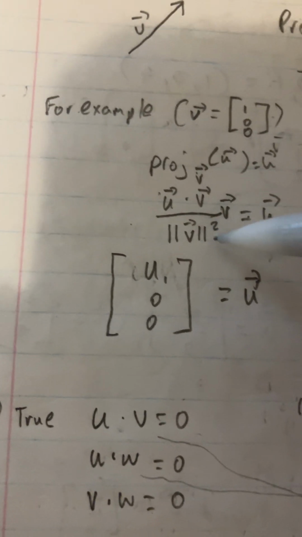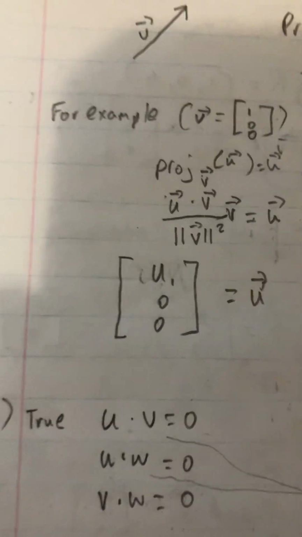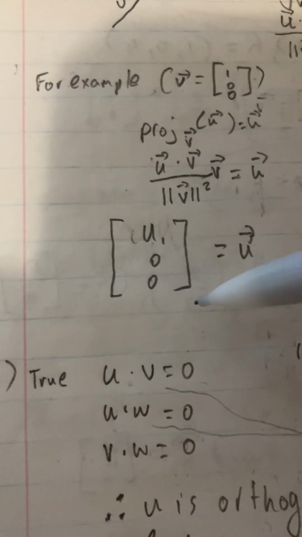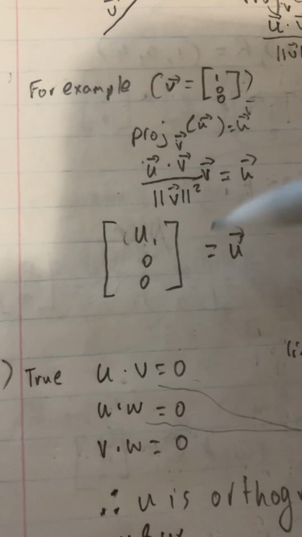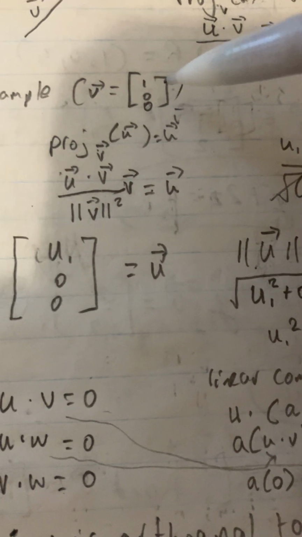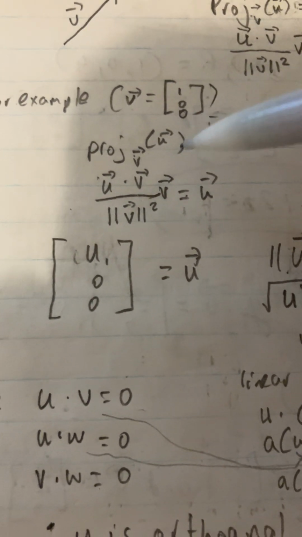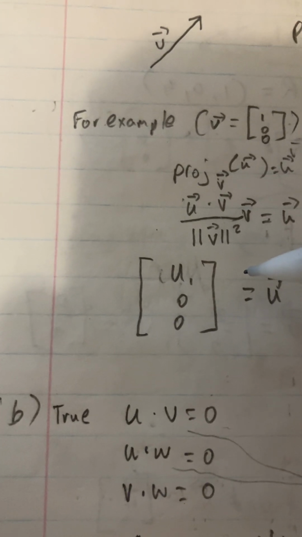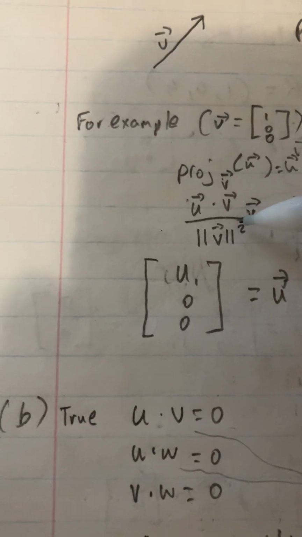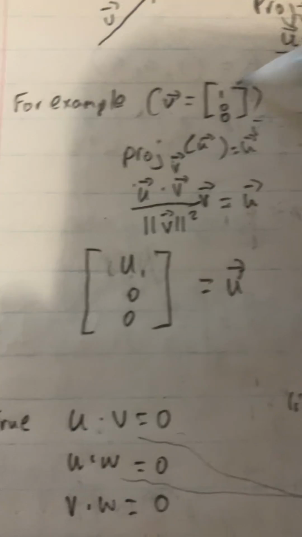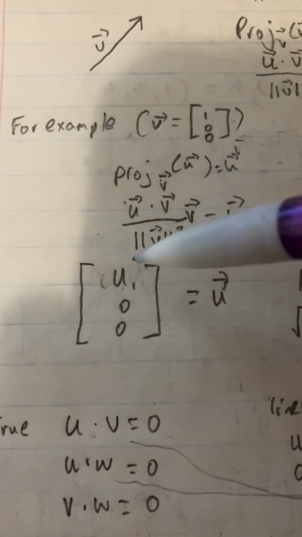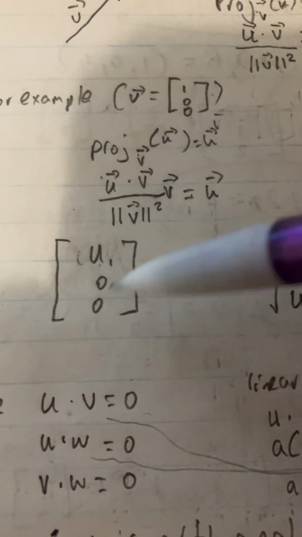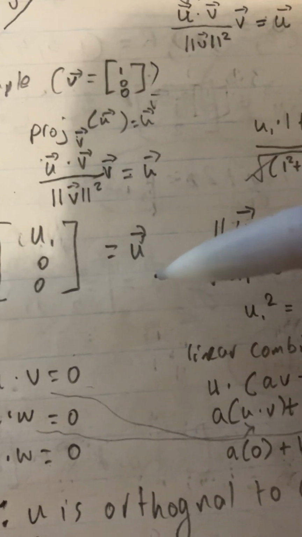This is divided by the magnitude of v squared, which is 1, times 1, 0, 0. So u1 times 1, 0, 0 is going to be u1, 0, 0, which is equal to u.